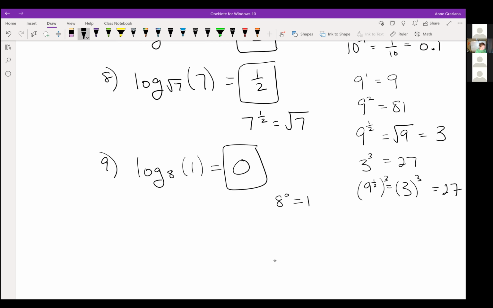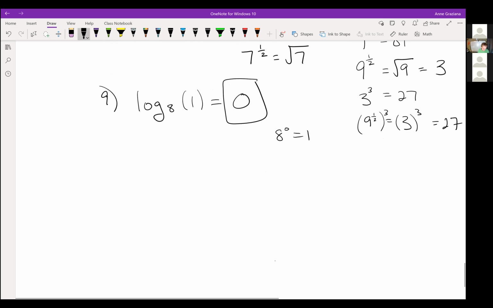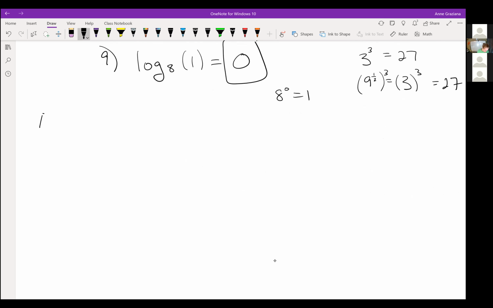All right, let's look at estimating logs. I have about 5 more minutes. Again, you're not really supposed to use your calculator, and you want to have some sense of what these things are, okay?